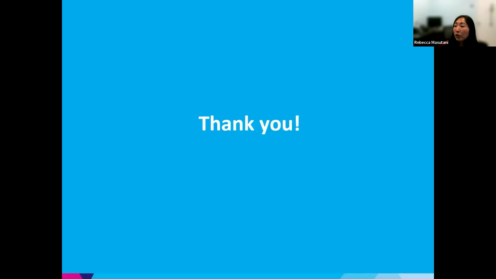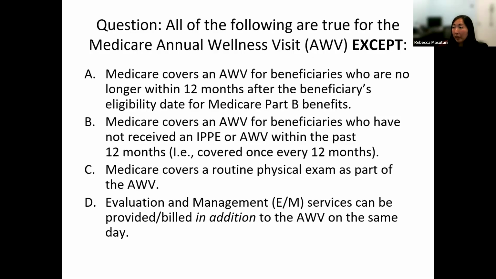But before we end, we do want to allow an opportunity for you to test your knowledge with a question based on the content we provided. So for this particular test question, all of the following are true for the Medicare annual wellness visit, except which of the following? A, Medicare covers an annual wellness visit for beneficiaries who are no longer within 12 months after the beneficiary's eligibility date for Medicare Part B benefits.